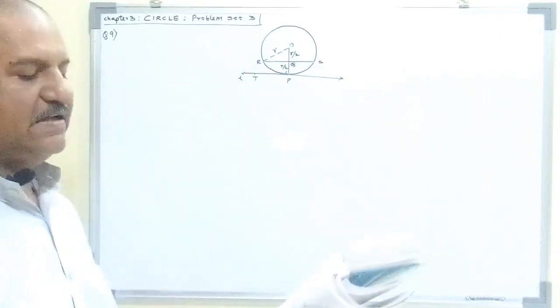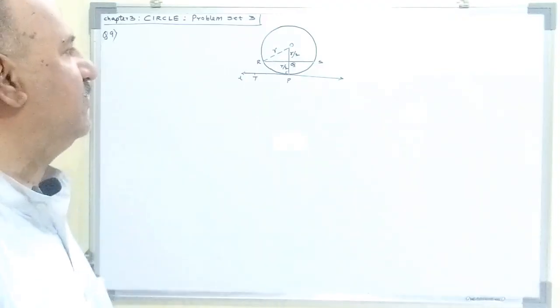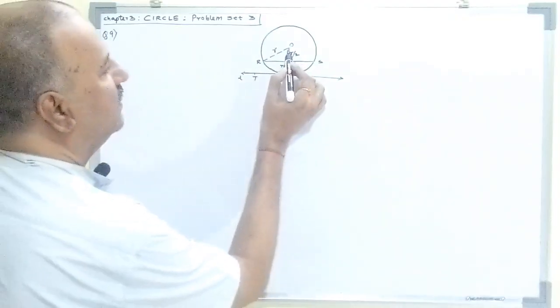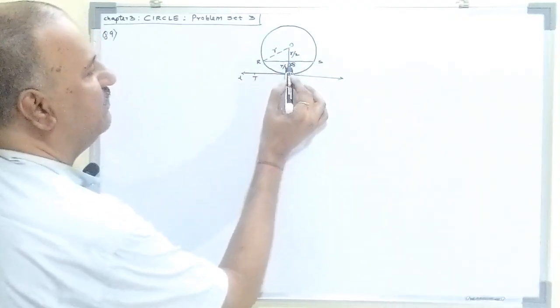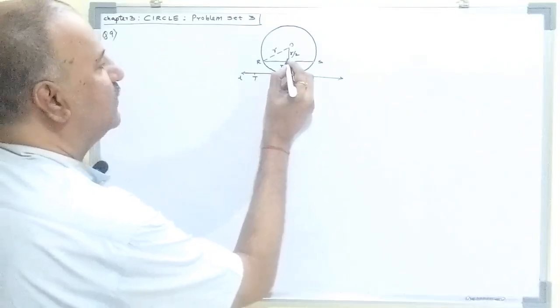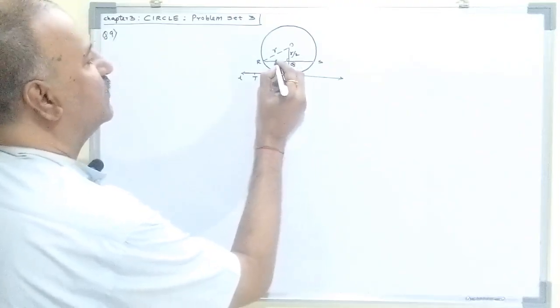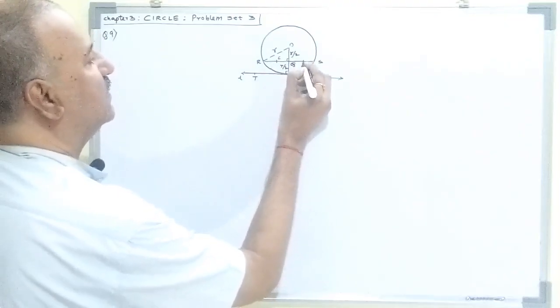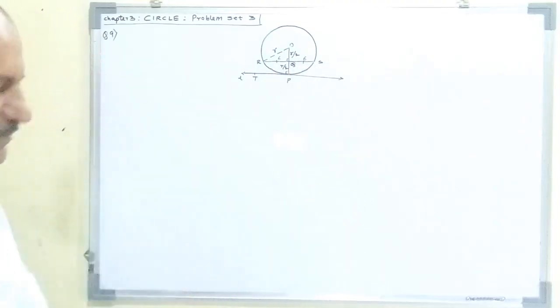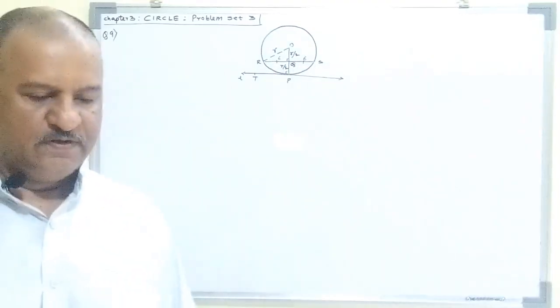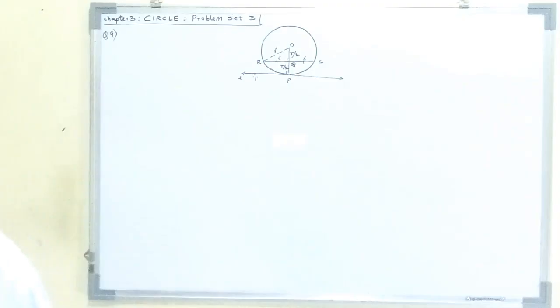This entire RS is 12, so perpendicular from a center. This is a line joining the center of the circle and the midpoint of the chord, so it has to be 90. So this will be 6 and this also will be 6, total 12. Okay. Find the radius. You have to find R.